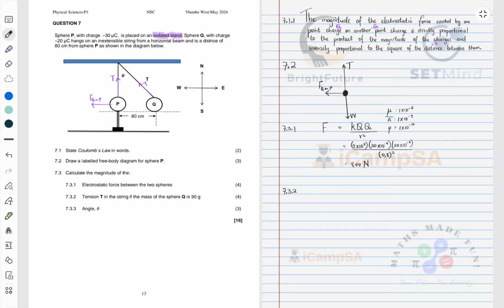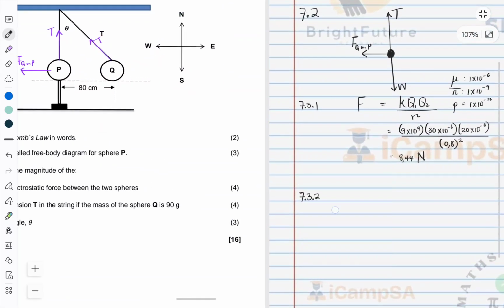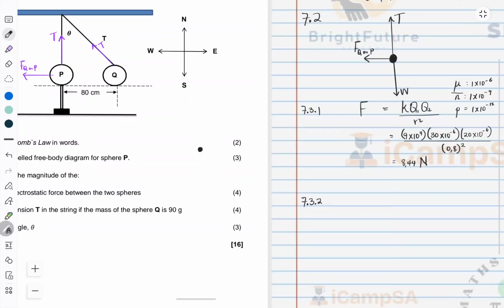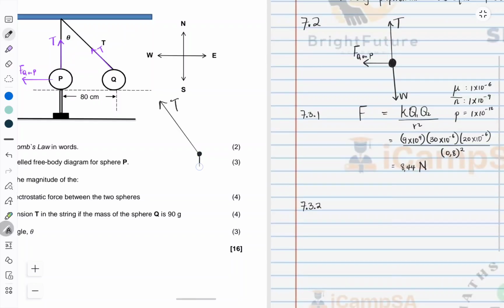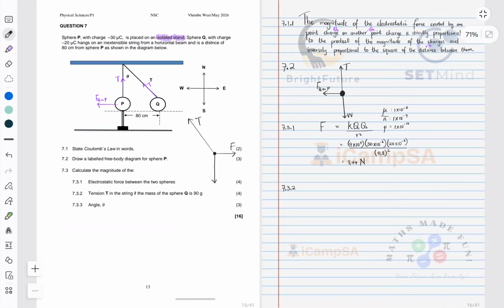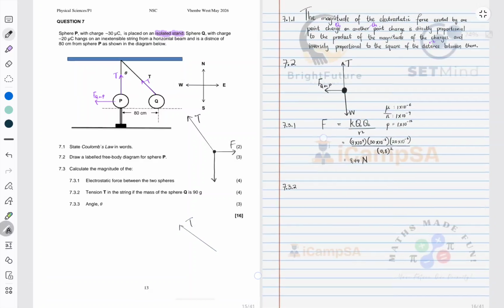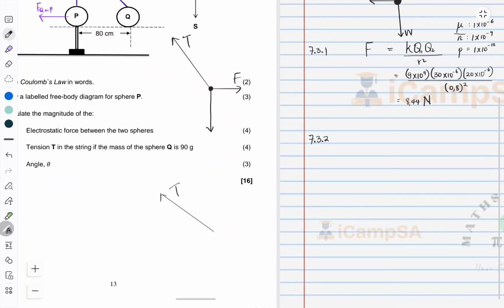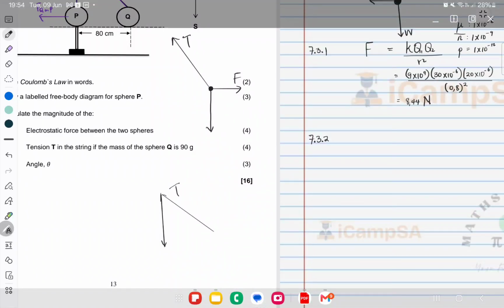Because this thing is in equilibrium, you can even draw a triangle. So what will happen is, if we draw the free body for Q, this is T, this is weight, and that's the F. So if you remember the closed vector diagram, you would have T there, you draw the vectors as they are, you would have weight going there, right?